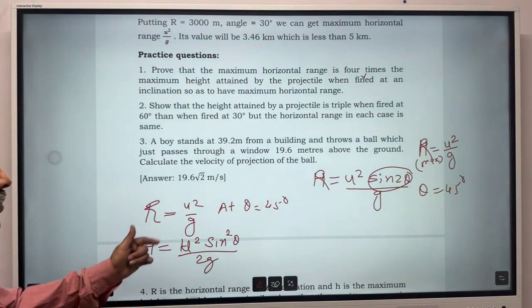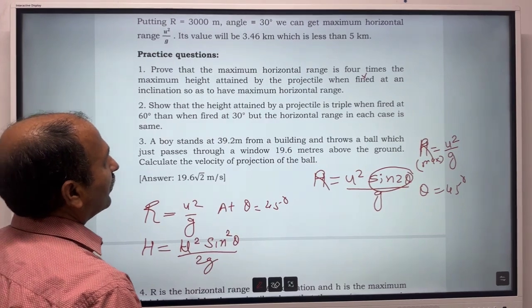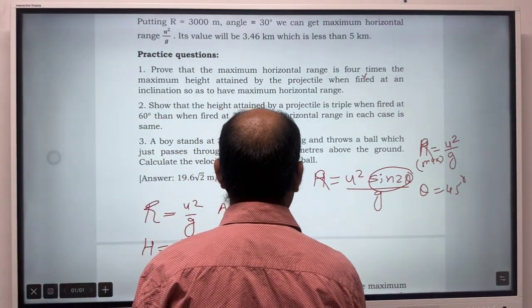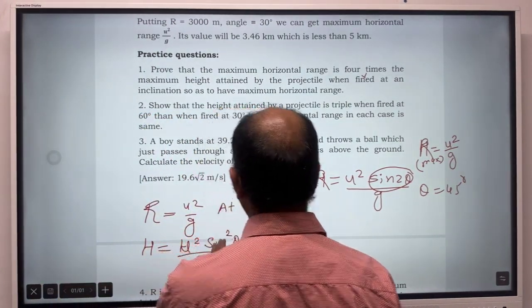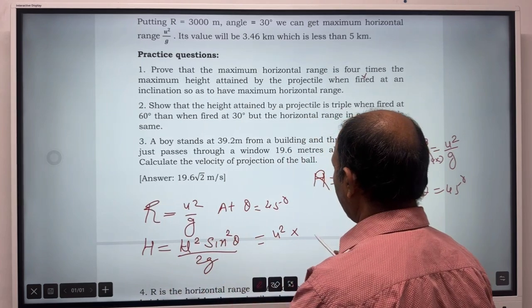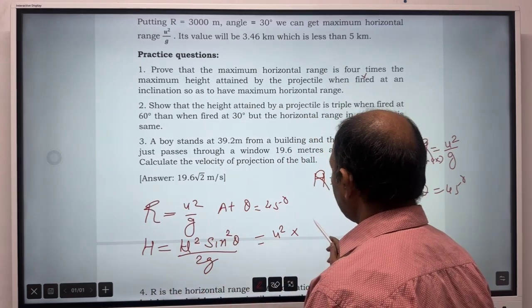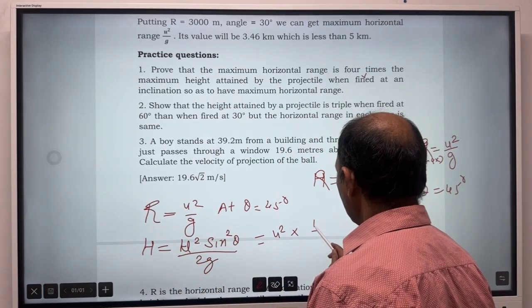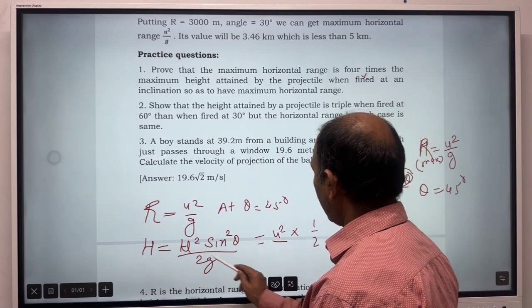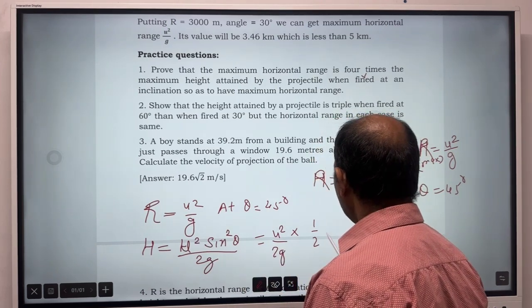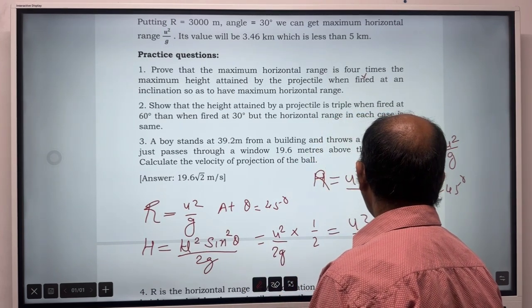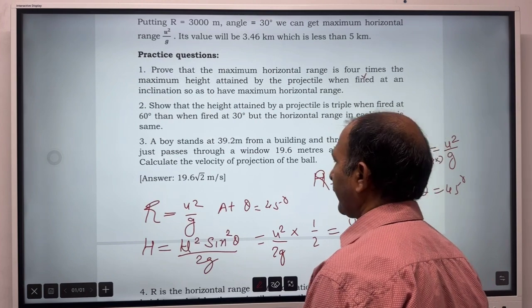Here theta is given as 45 degree. So we can write u square and sine 45 whole square. So sine 45 is 1 upon root 2, so this will become 1 upon 2. And here there is already 2g. So this will give u square upon 4g.